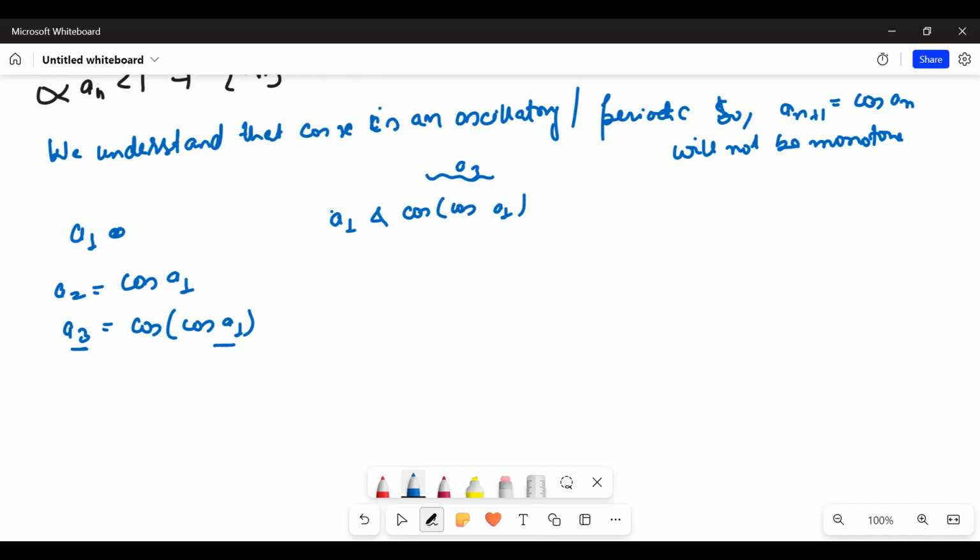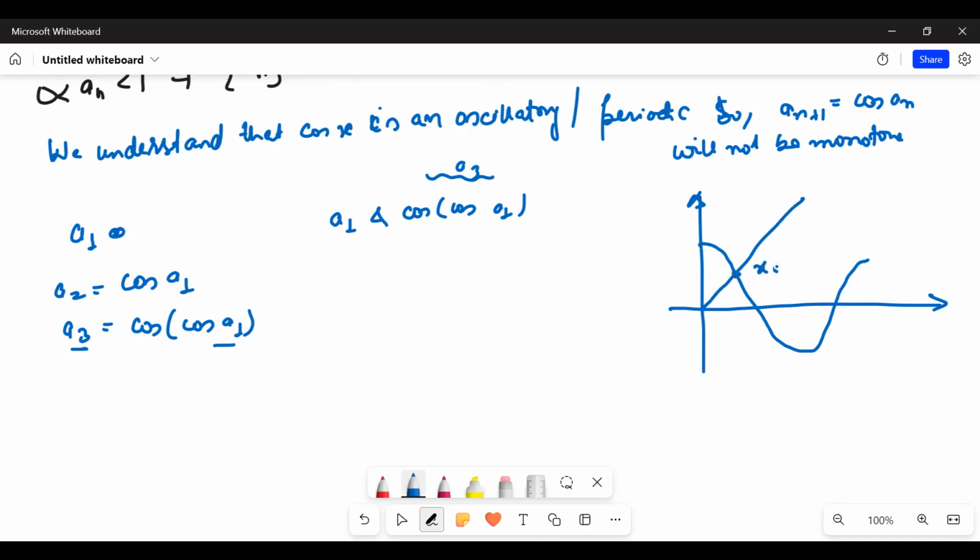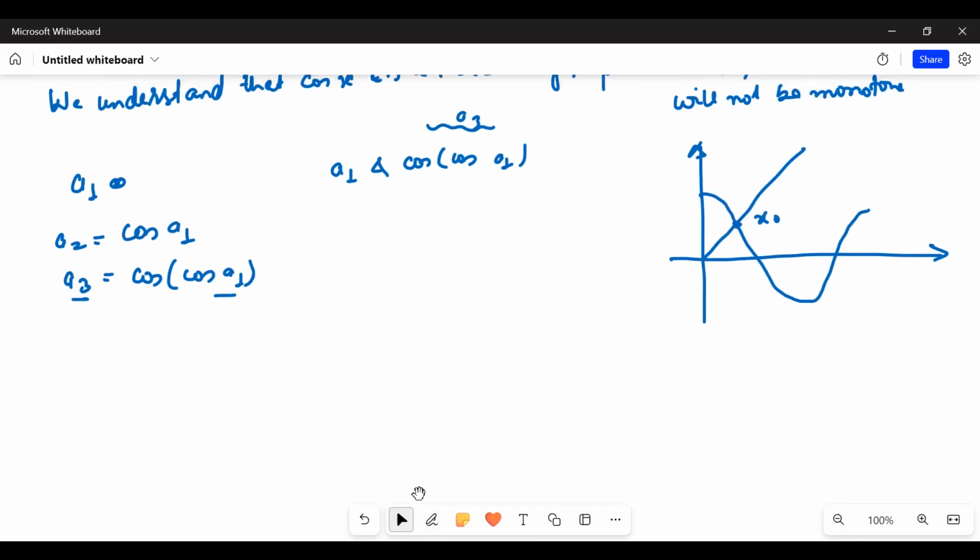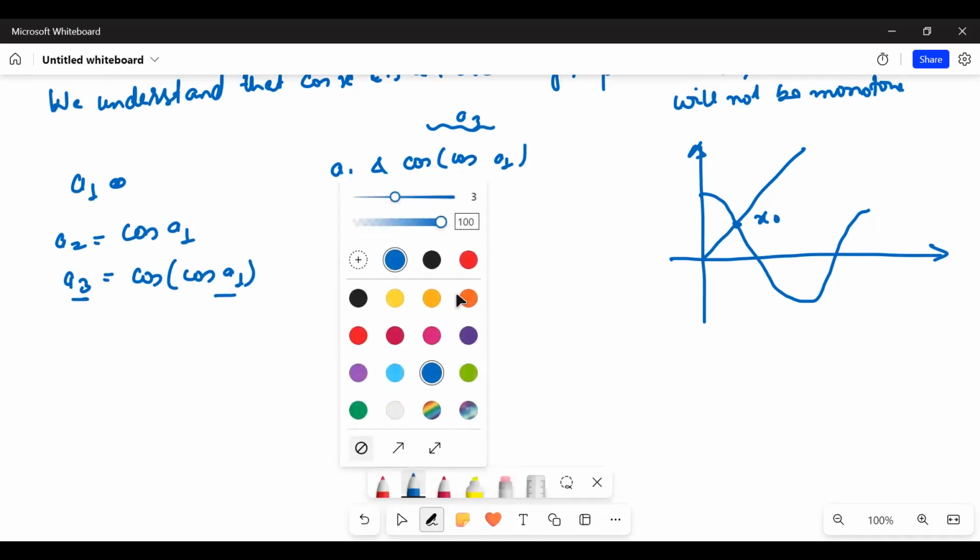So let us try to construct a basic framework. This is your cos x is equal to x. Again, I'm redrawing. This is your point x0. Now, without loss of generality, you can also take another case. I'm taking one of the cases.